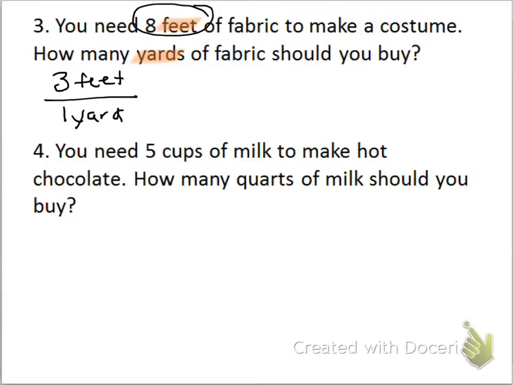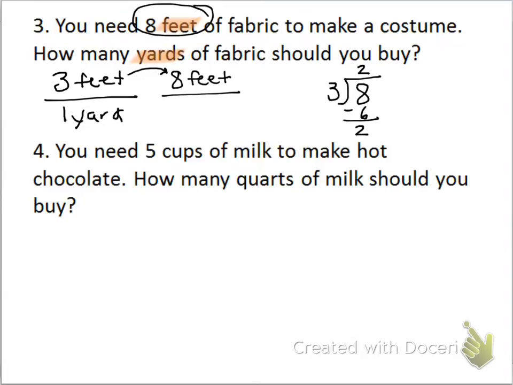So instead of having 3 feet here, I'm going to write 8 feet. Now I need to figure out how many yards there are in 8 feet. To go from 3 to 8, in order to figure out what to multiply 3 by to make it 8, I need to divide 8 by 3. How many times can 3 go into 8? 3 can go into 8 twice, and 2 times 3 is 6.